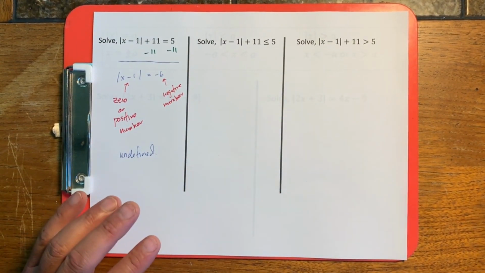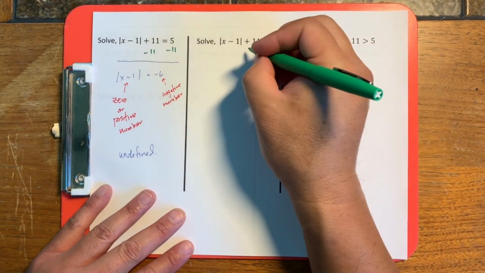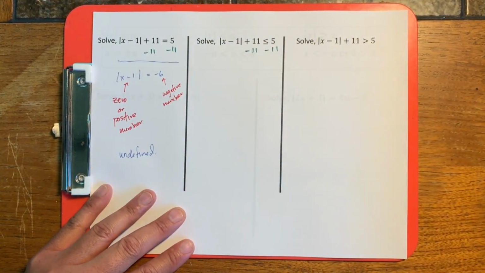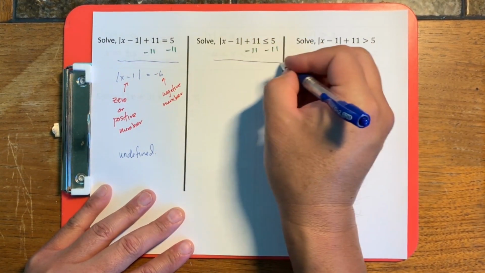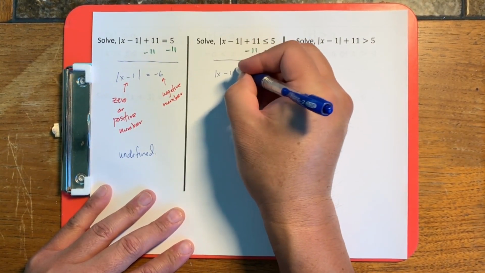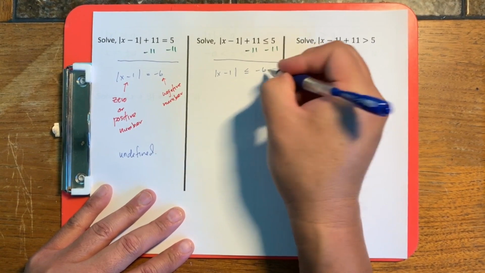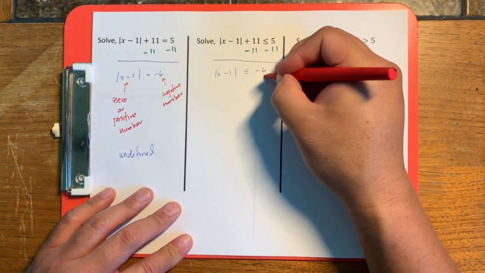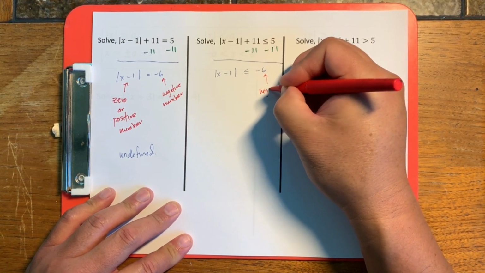Now let's do the same thing here. I'm going to subtract 11. Okay. Again, we have to stop because after we isolated, we have a negative number.